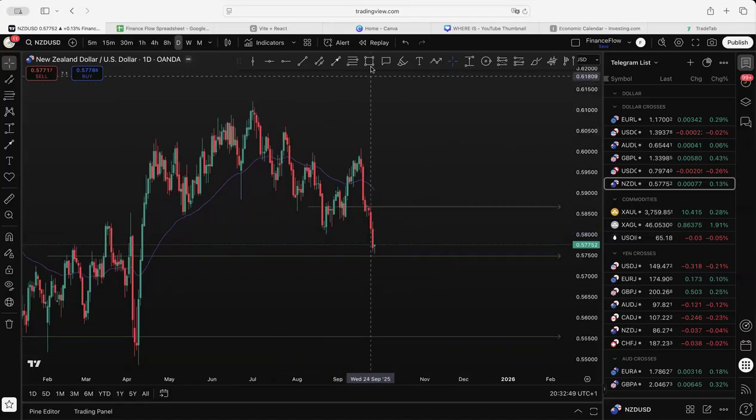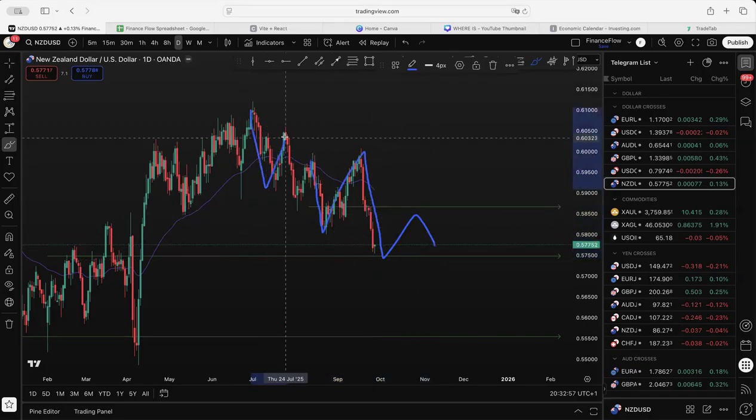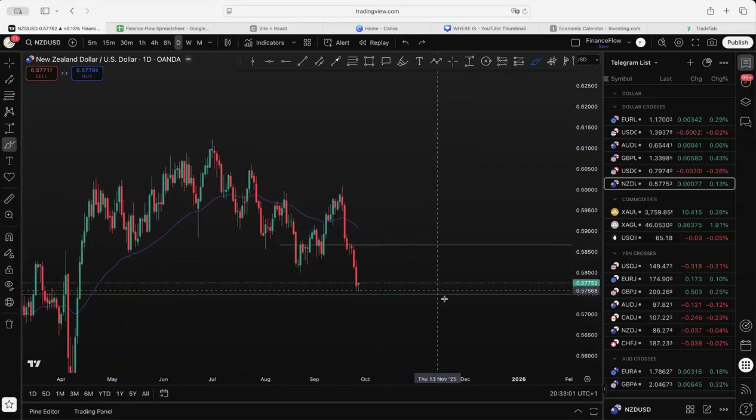All right, so like I always say in trading, as you can see, what goes down must come up, what goes down must come up. Trend does happen, and obviously NZD USD does like to trend. So we need to obviously wait and see what the market anticipation is going to be.